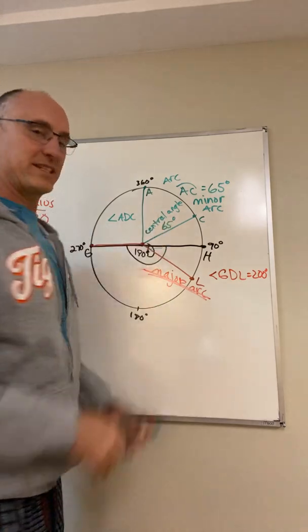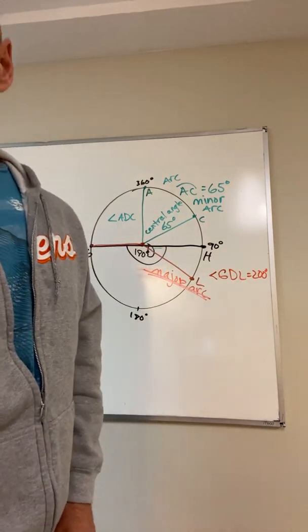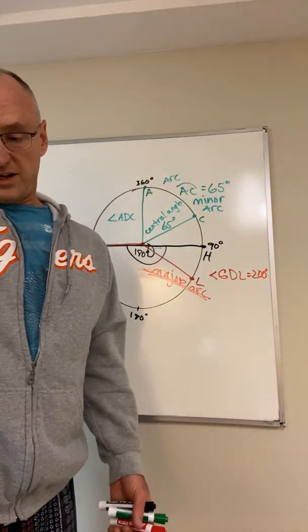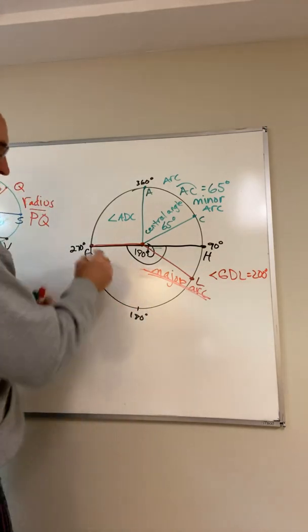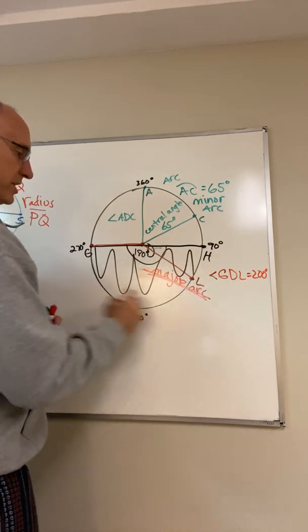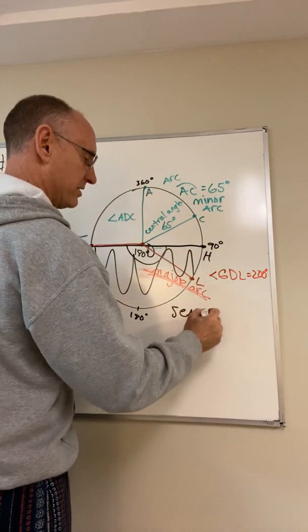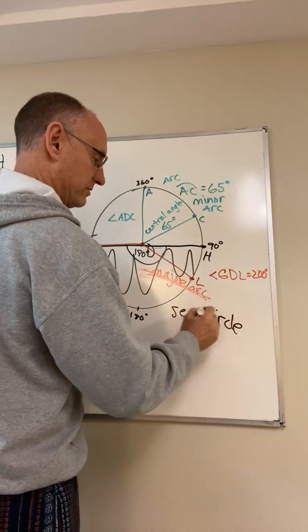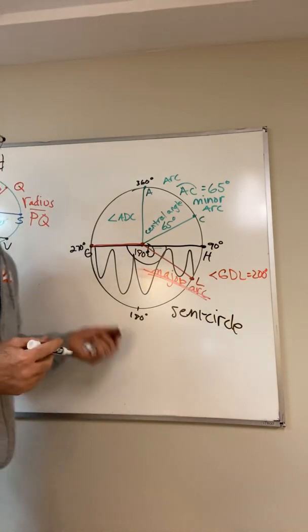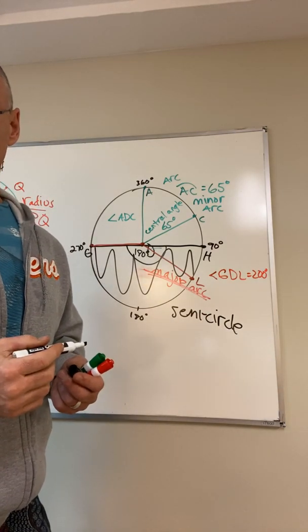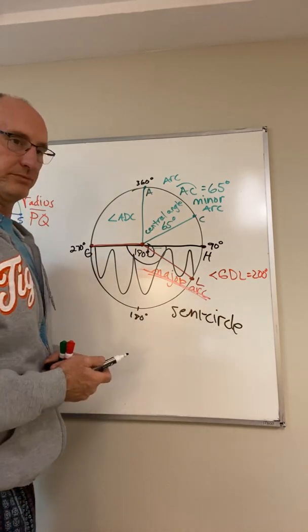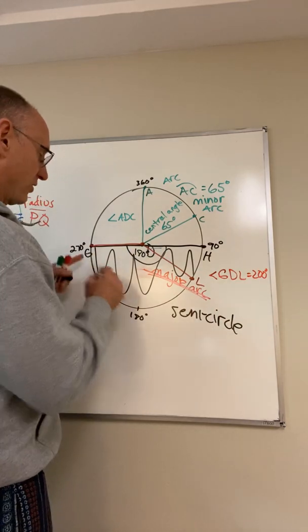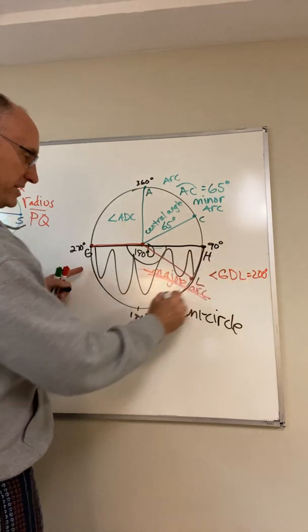Minor arc is less than 180 degrees. And then if you do cut a circle in half, this half we call a semicircle. So that's just half of the circle, and it's considered an arc.